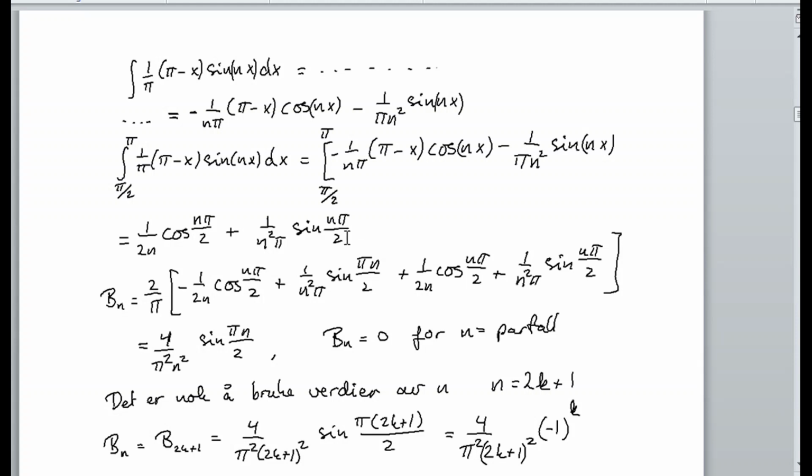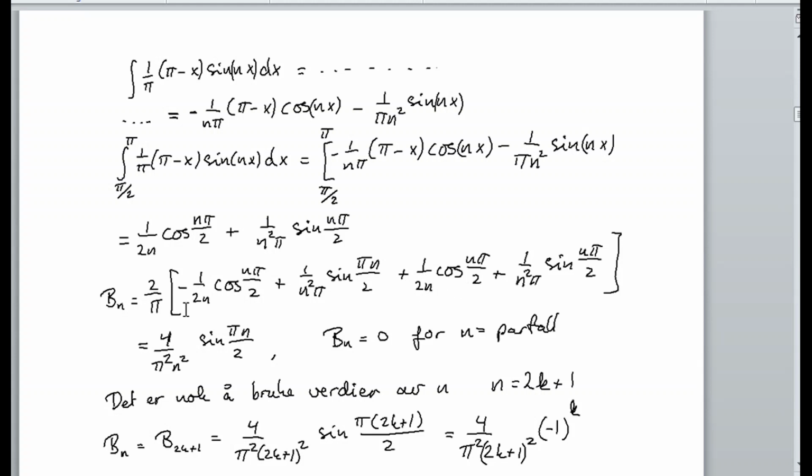Okay, if we now recall that b_n was 2 over pi multiplied with the sum of these two integrals, we just replace these two integrals which we wrote before with the values that we have found.